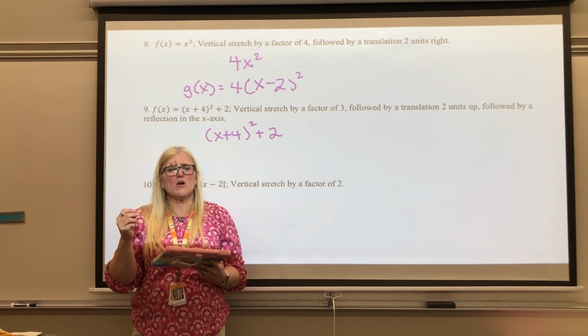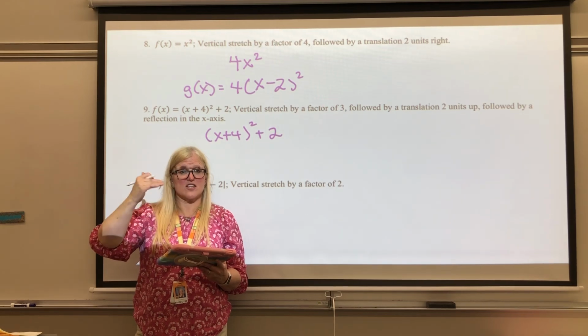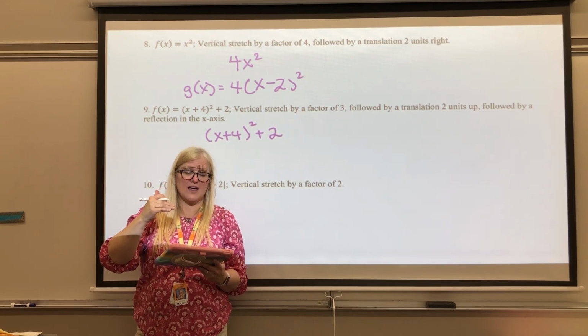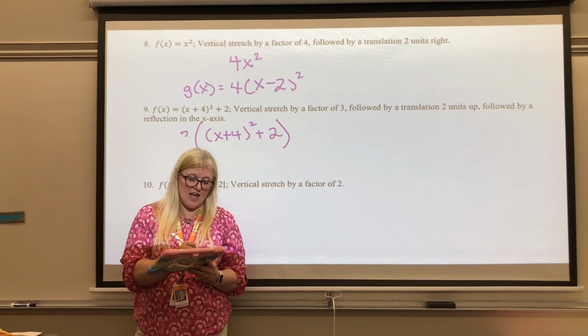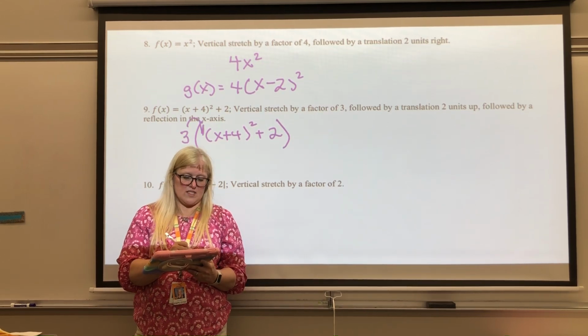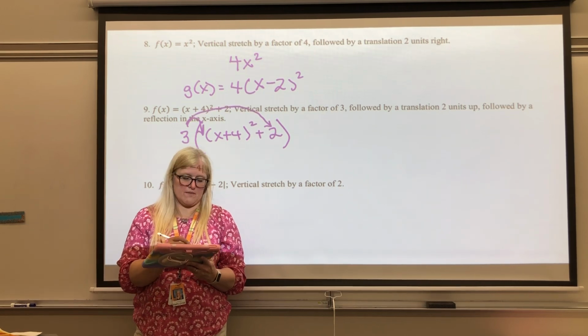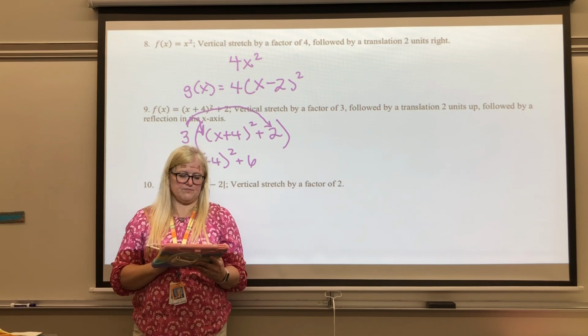Remember, when you're multiplying by a negative for reflection over the x-axis or by a stretch or shrink, you're multiplying the entire function. Okay, so 3 is going to go here, and we're also going to multiply 3 to that one. So we've got 3 times x plus 4 squared plus 6.